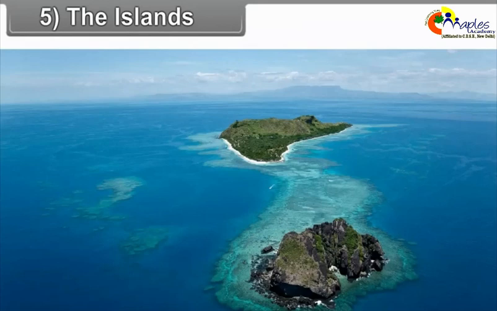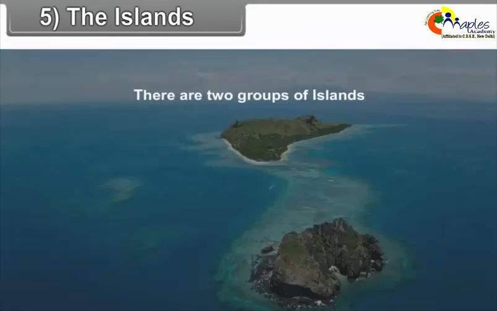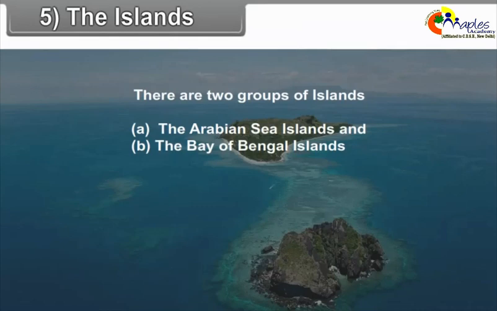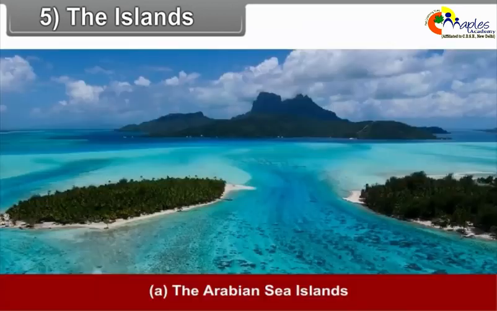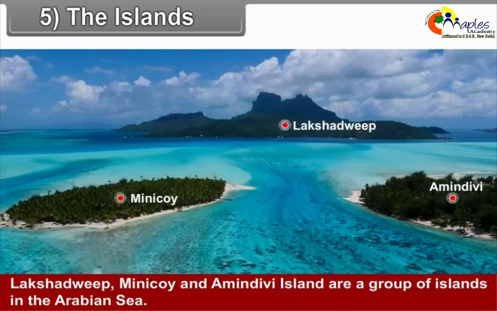5. The Islands. There are two groups of islands: the Arabian Sea Islands and the Bay of Bengal Islands. The Arabian Sea Islands: Lakshadweep, Minicoy, and Amindivi Islands are a group of islands in the Arabian Sea.